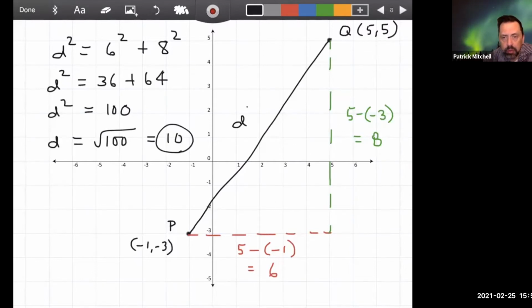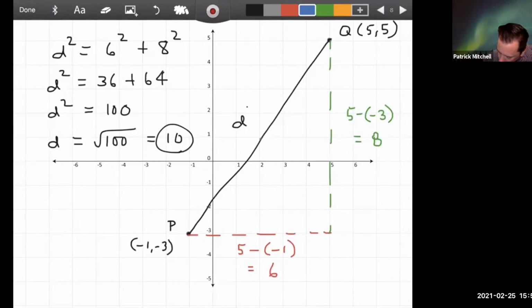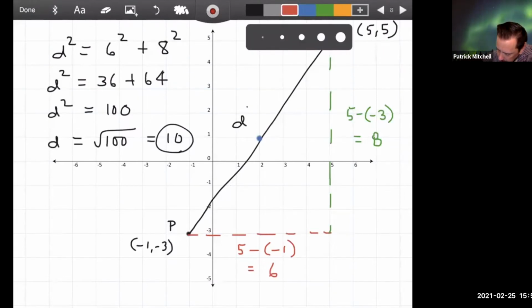The other question was the midpoint question. So would you find it reasonable if I said to you that the midpoint, where is that midpoint? Is it right about here, I think? Let's try that again. Oh, right about there. To find that midpoint, what if I just went halfway along the x and halfway along the y?